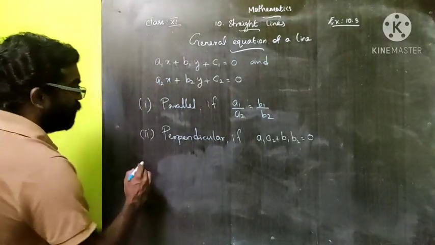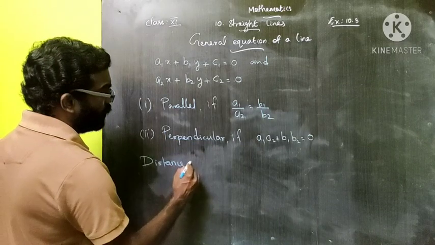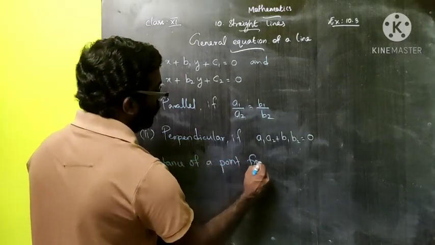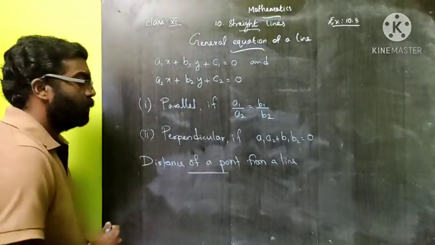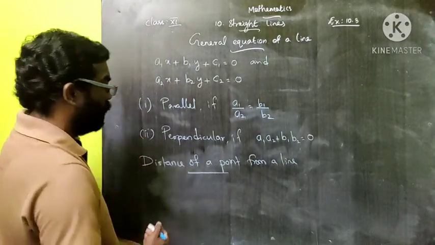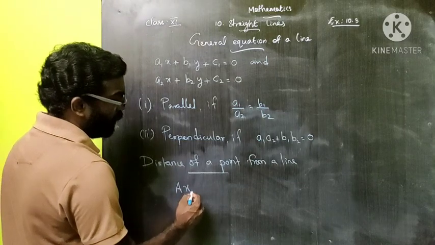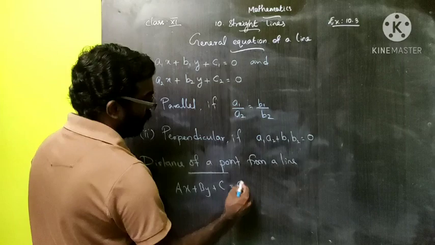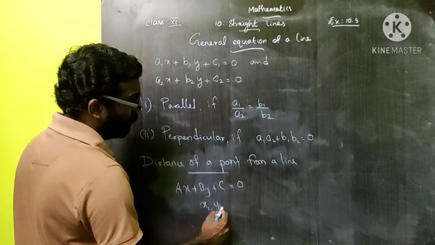And the next one is distance of a point from a line. It means the perpendicular distance of a point from a line. Okay. So here we can consider the equation as ax plus by plus c is equal to 0, and the corresponding point as x1 comma y1.